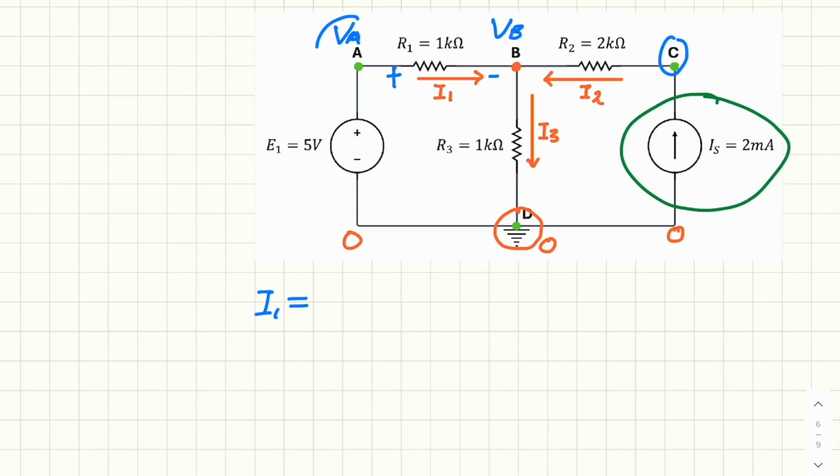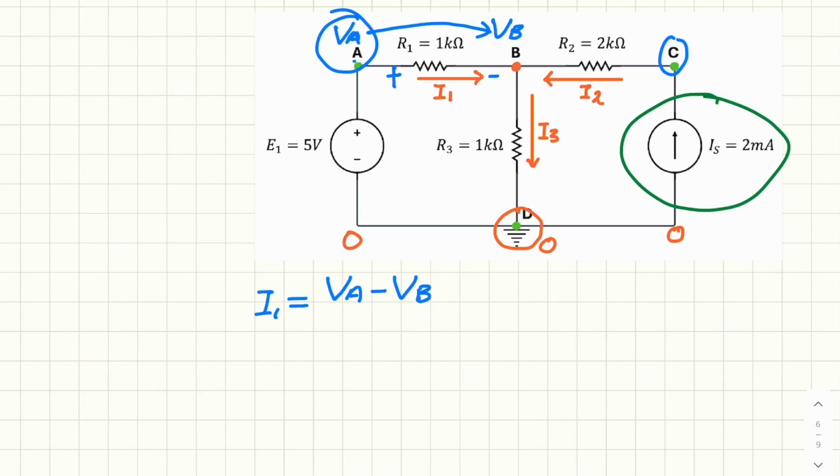This is A, so the potential at A is higher than the potential at B. So we'll say this is VA minus VB. Remember, the rule is from the high potential to the low potential.